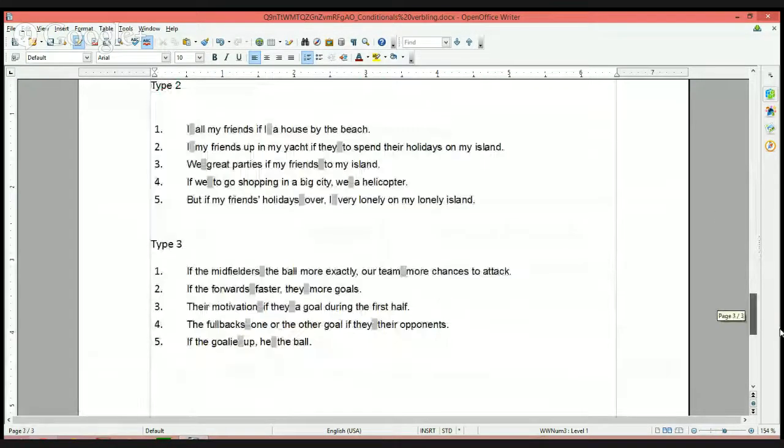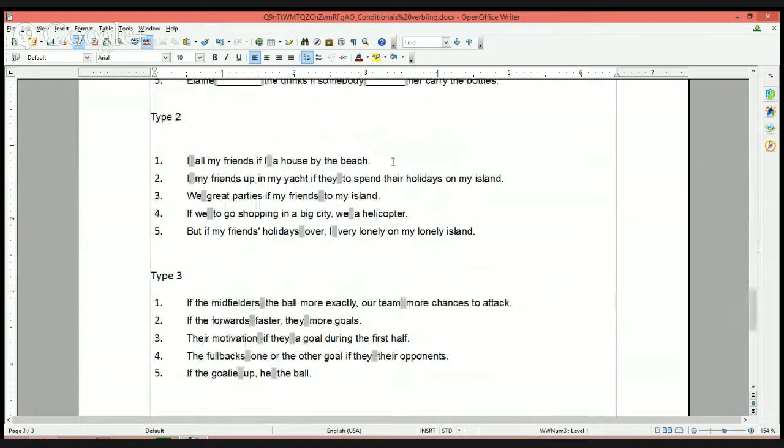And Paula, will you start us off with number 1? The blanks are going to be invite and buy. So invite for the first blank and buy for the second blank.